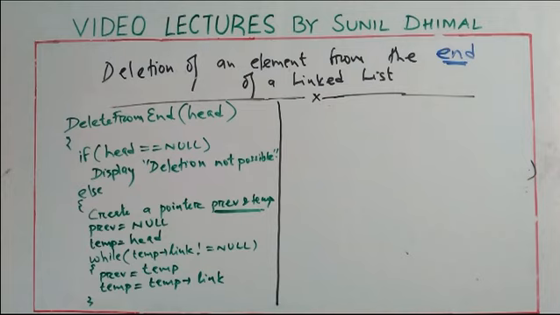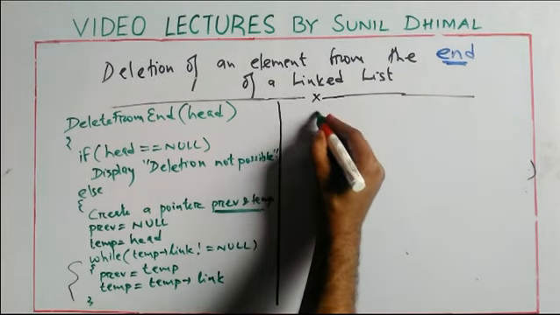By running this while loop, what you are doing is you are making temp point to the last node and previous point to the second last node. Okay, but there is one more scenario, right? That is, we'll consider it here.